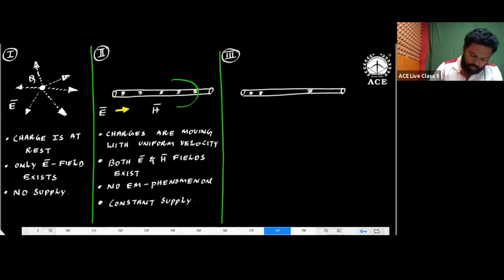So if this is the case, there exists both electric field as well as magnetic field, and there exists an interplay between them, which is called EM phenomena.